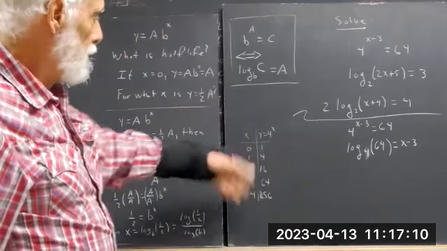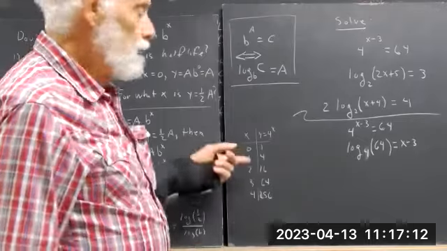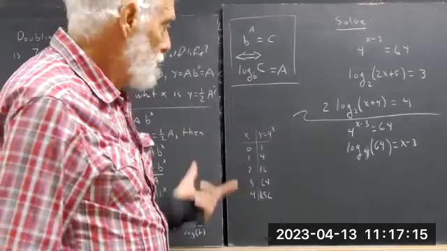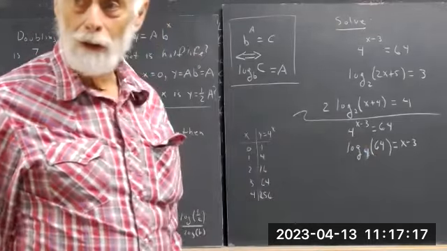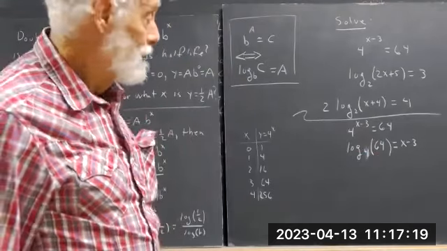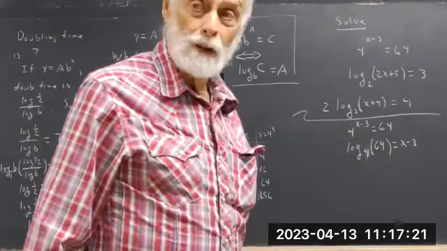Okay, but there's the first 4 powers of 4. So I made it easy on you. You don't have to go to your calculator to do this. Although you could go to your calculator.